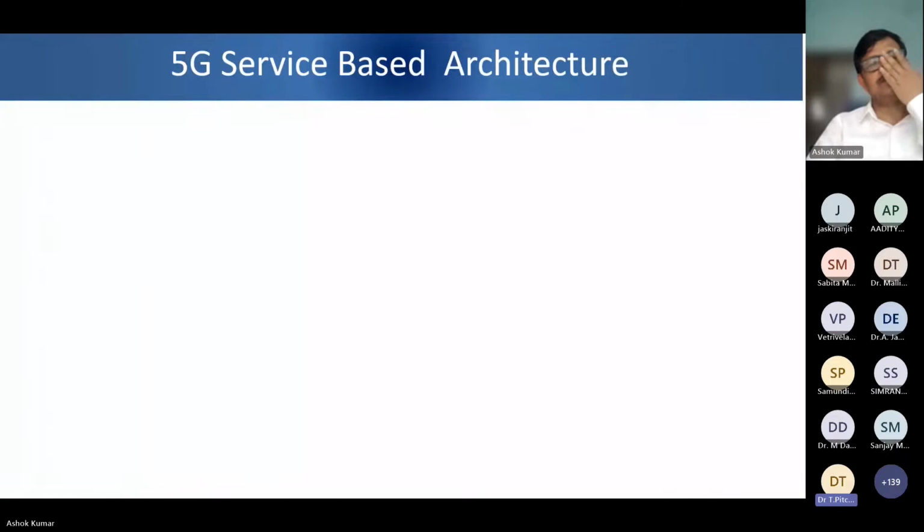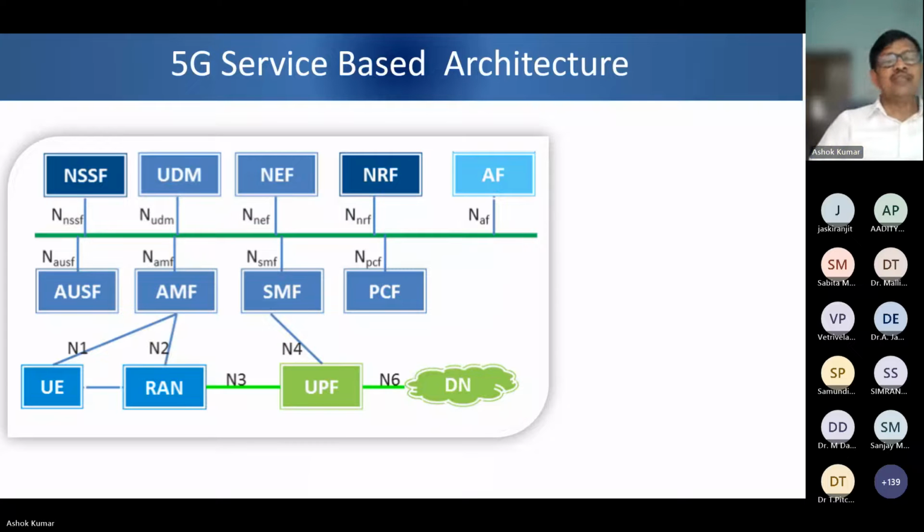Presentation mode. Okay. So if you compare with the earlier architecture diagram which I showed, you find certain differences. That difference is here on the top side. You see that I don't have those reference point interfaces. Now I have these interfaces, which are called service-based interfaces.